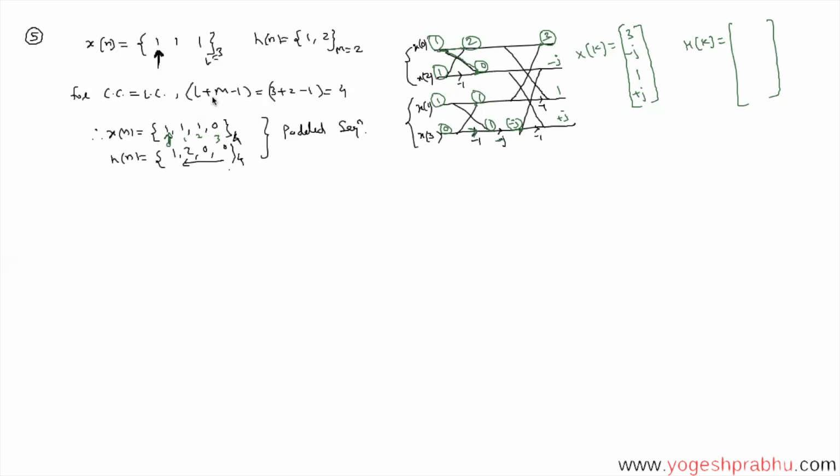So you tell me what are the numbers here? 1, 2, 0, 0. So it's going to be 1, 2, 0, and 0.